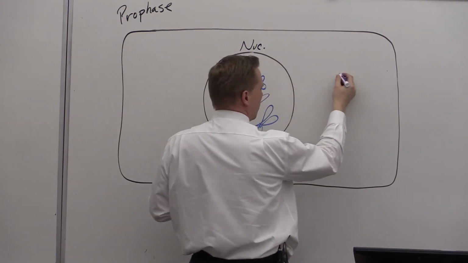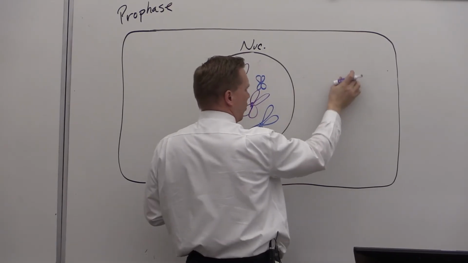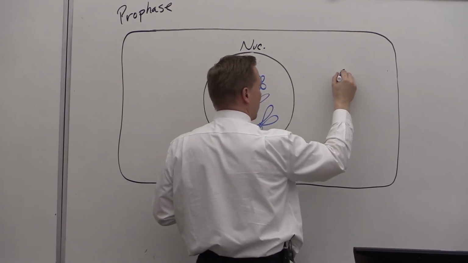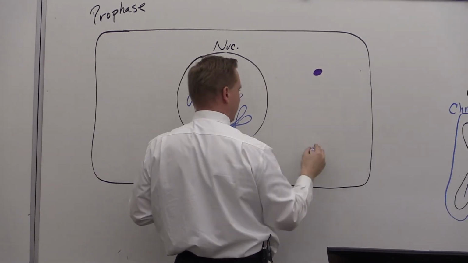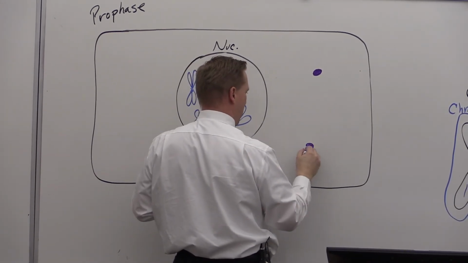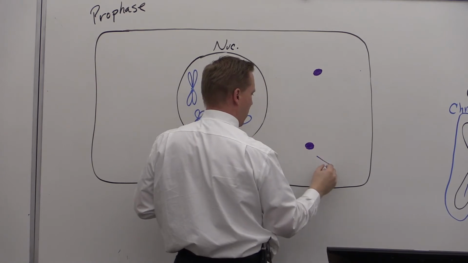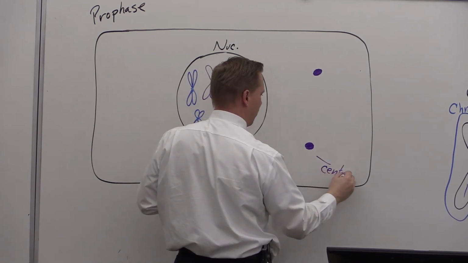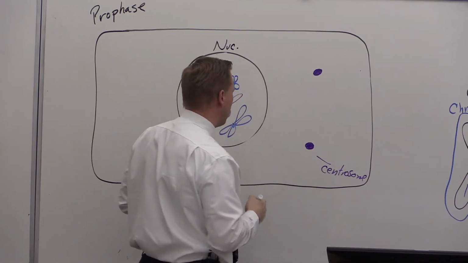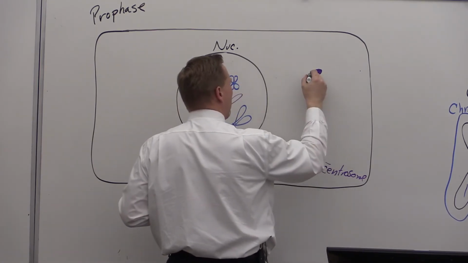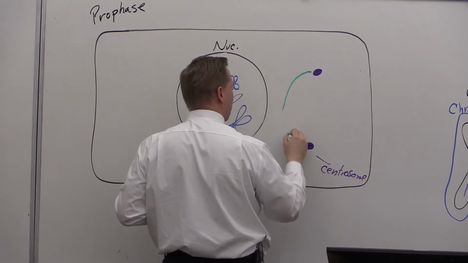I'm going to take those centrosomes, instead of drawing the sort of tin can perpendicular structure, I'm just going to use a purple dot. So that's the centrosome. And they're starting to separate.